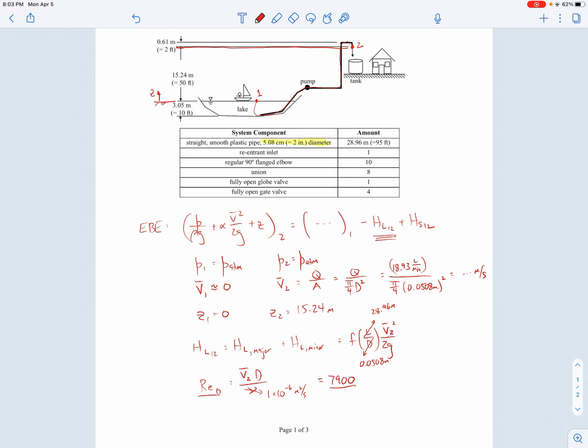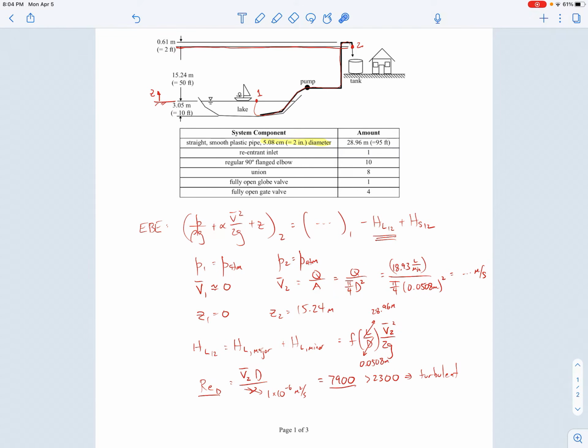So does that mean that the flow is laminar or turbulent in the pipe? Well, since it's greater than 2,300, we know that the pipe flow must be turbulent. Since it's turbulent, what would the kinetic energy correction factor be up here? We forgot to talk about that one. For alpha 2, by the way, we don't need to worry about alpha 1 because V1 is equal to 0, so it doesn't matter what alpha 1 is.